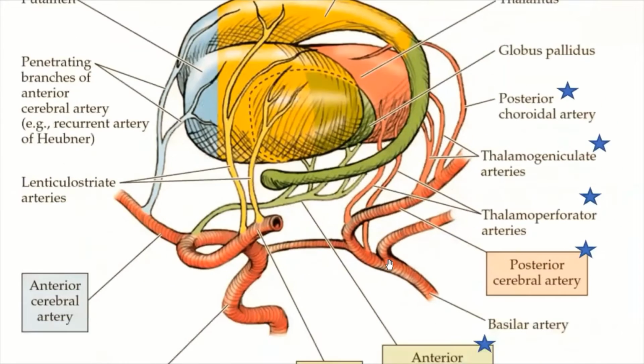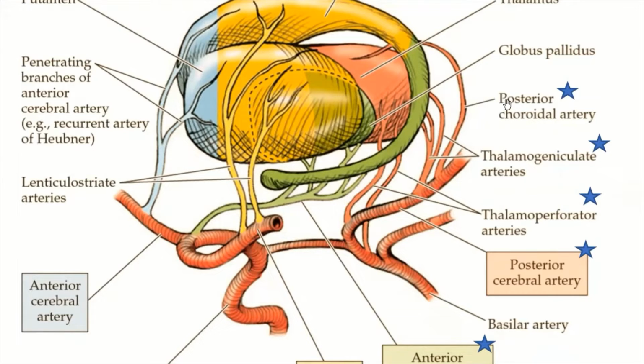I talked about these, and all these are the thalamo-perforating arteries. This one is coming from the basilar artery, and this one from the internal carotid artery. And this is the posterior choroidal artery, which I already described.